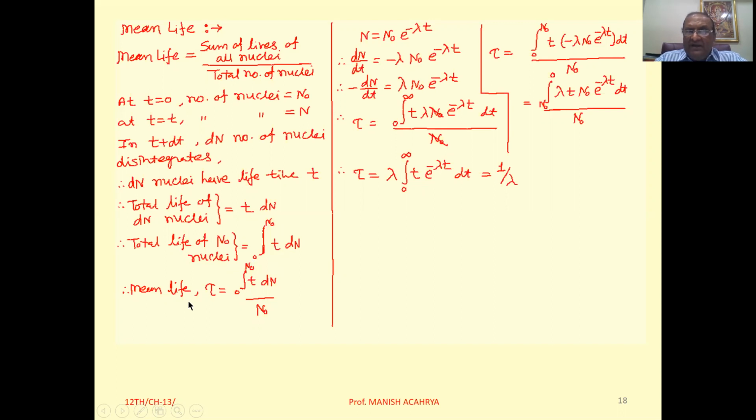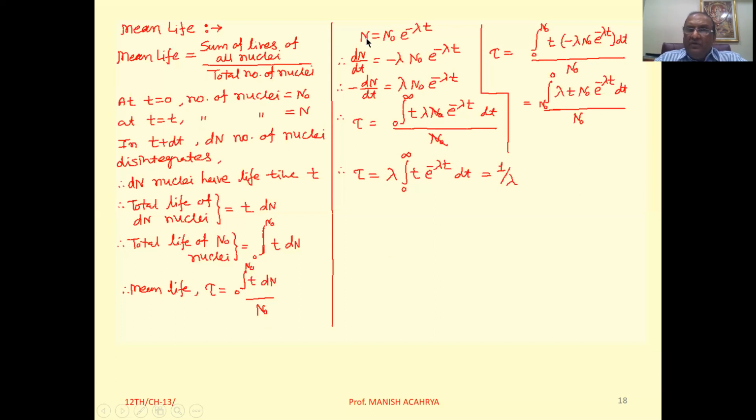And now mean life, represented as tau, is equal to, as in the definition, the sum of the lives of all nuclei, that is integration 0 to N0 of t dn upon the total number of nuclei N0.